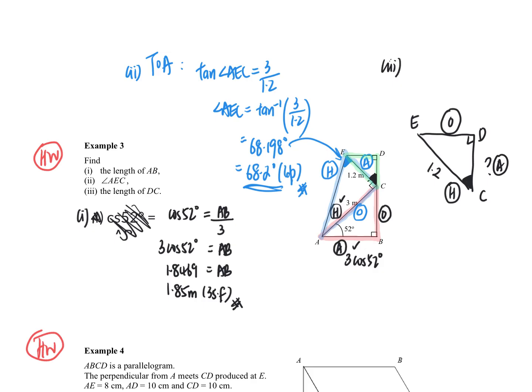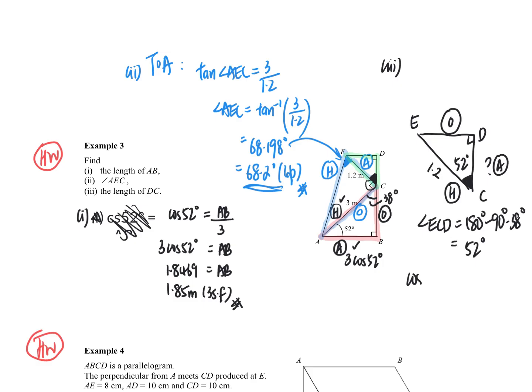180 minus the 90 minus this one, right? This one I can find. This one is like 38 degree, which is 180 minus 90 minus 52. So that is 38. So I need to first find ECD, which is 180 take away the 90 degree, take away the 38. So that's also a 52, right? Okay, so with this being 52, then now I can use my cosine.